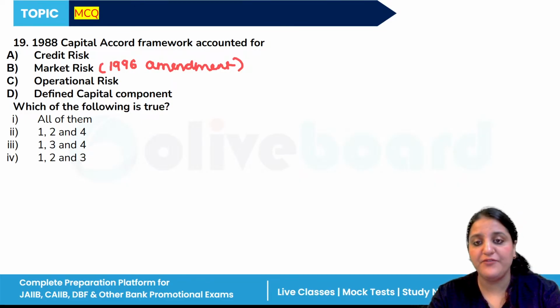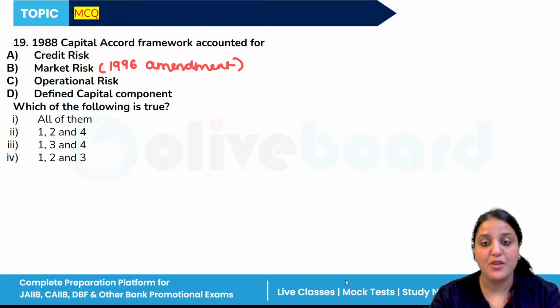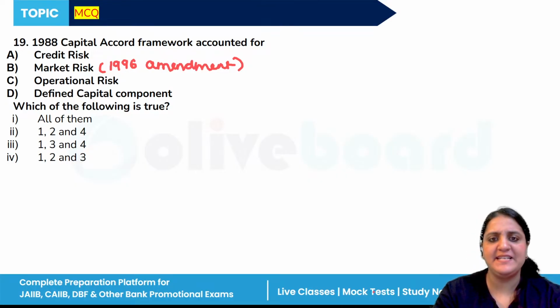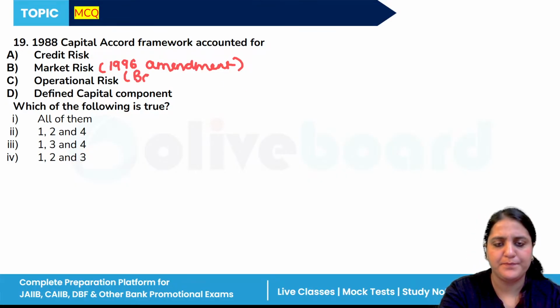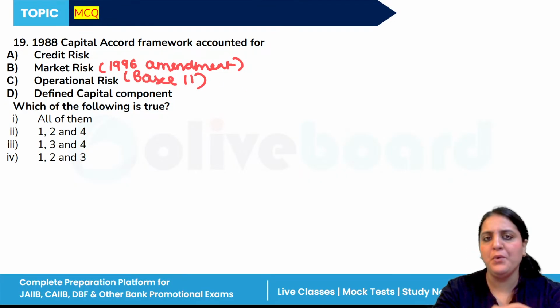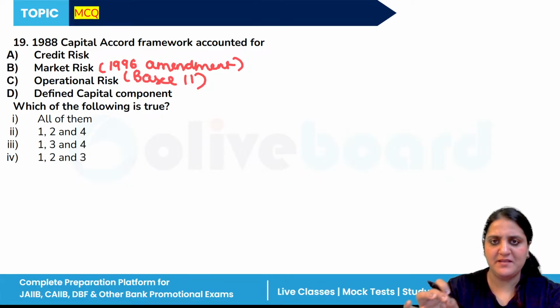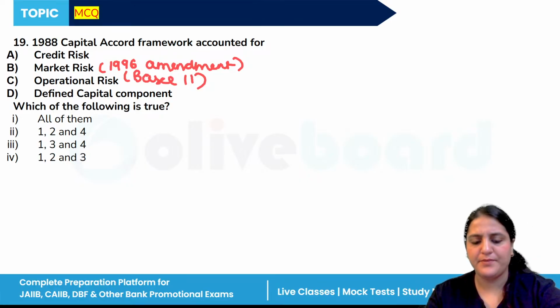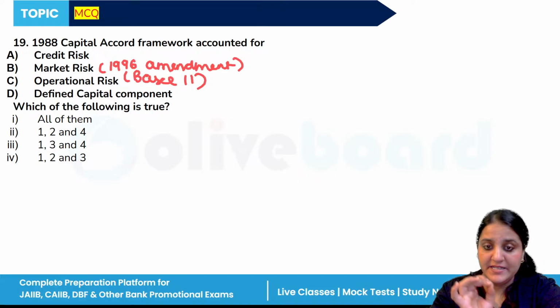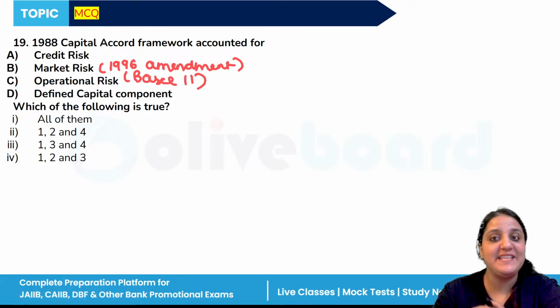Operational risk is what? Failure of banks due to people failure, process failure, and some external events. Operational risk was added in Basel II. No place is there for operational risk in Basel I. And defined capital component, yes.